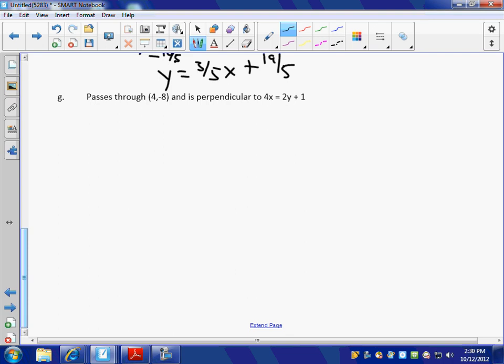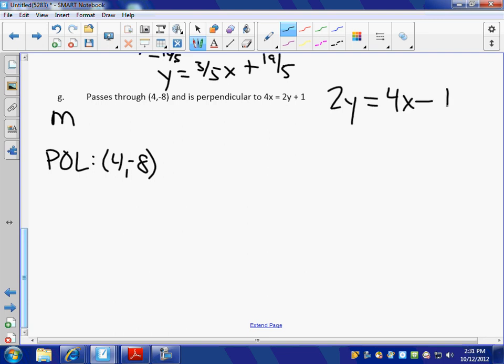So, all right, last one. Perpendicular to 4x equals 2y plus 1. I need m and I need a point on the line. I know the point on the line. It's (4, negative 8). How would you like to go about finding the slope? I'm going to solve: 2y is equal to 4x minus 1.